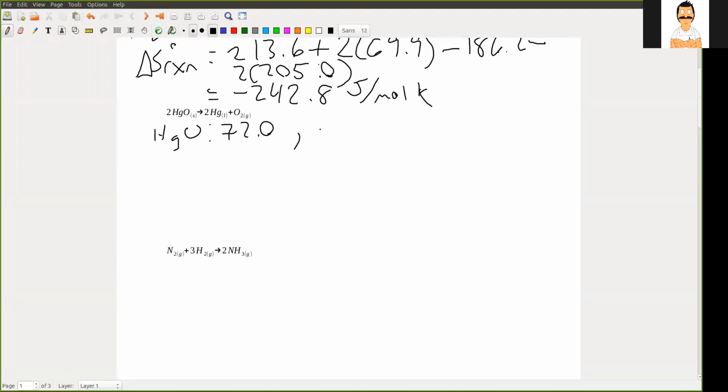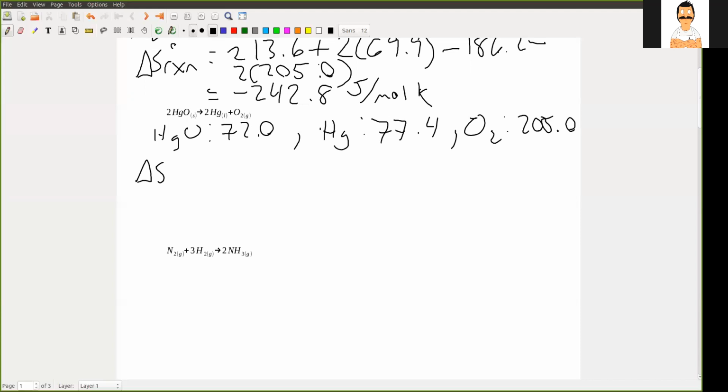For mercury liquid, we have 77.4 joules per mole Kelvin. And for O2, we have the value from the previous reaction. We know that O2 is 205.0.